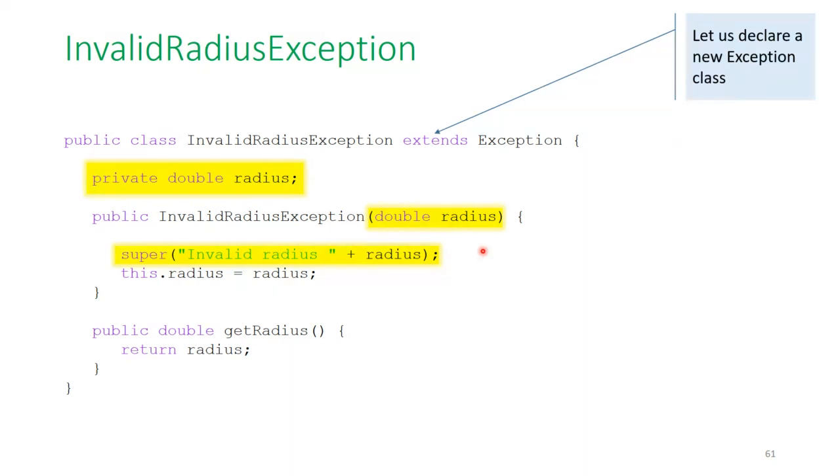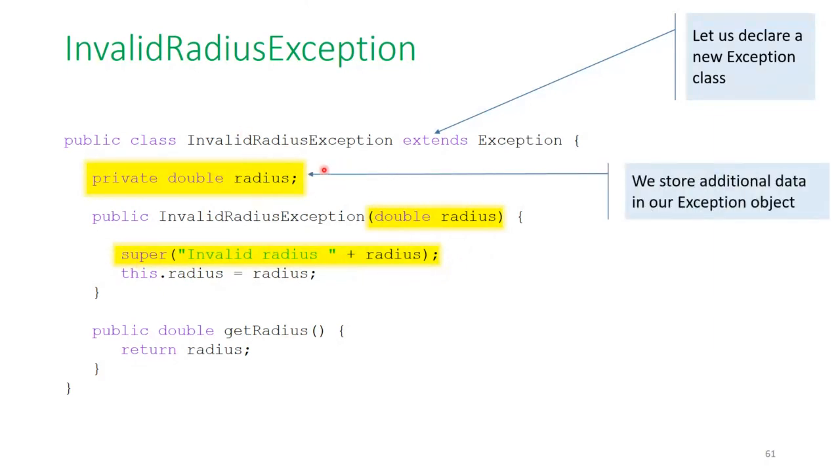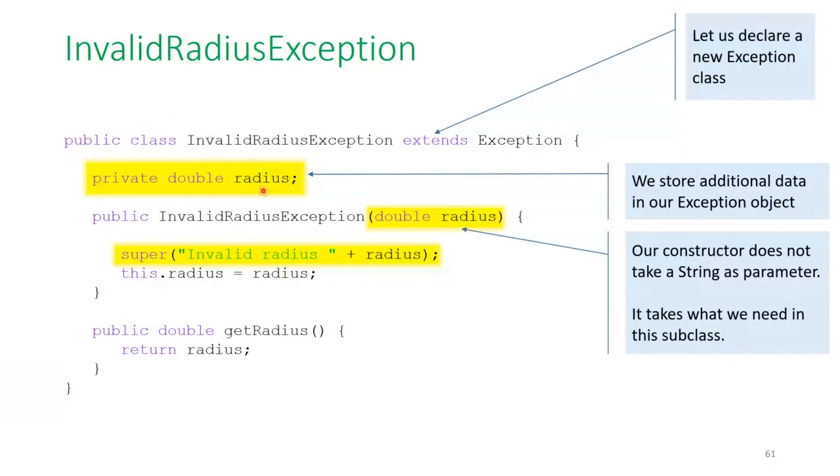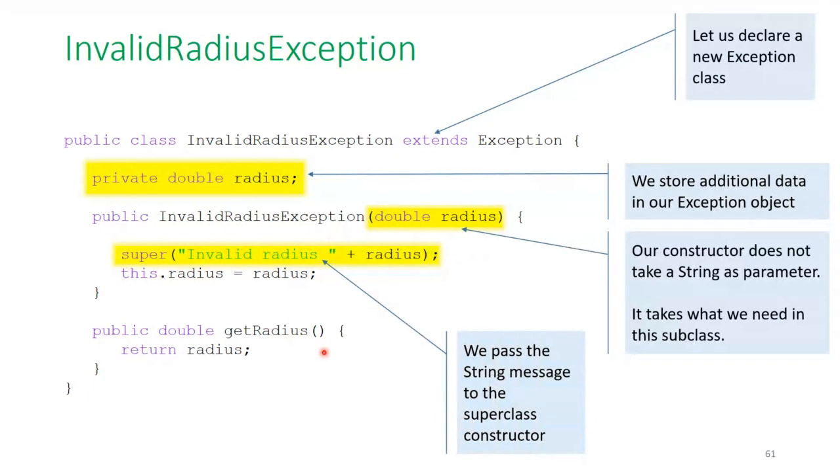Once I'm done calling the superclass constructor, now I'm ready to store inside my attribute radius the value of the radius that you passed as a parameter when you created the exception object. But I still made my superclass constructor happy.